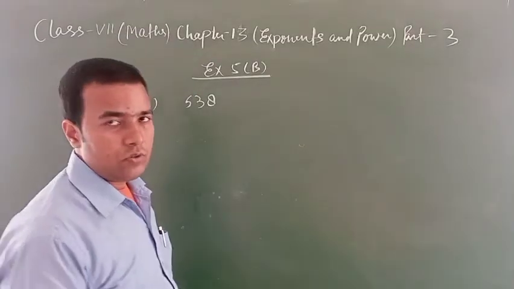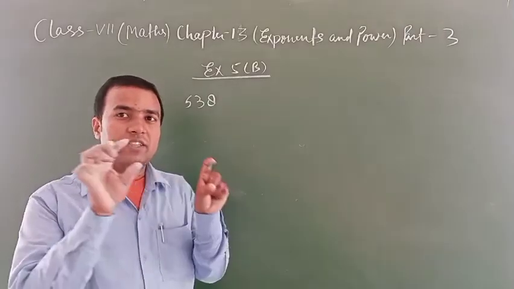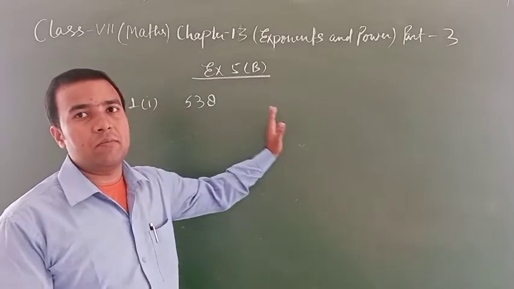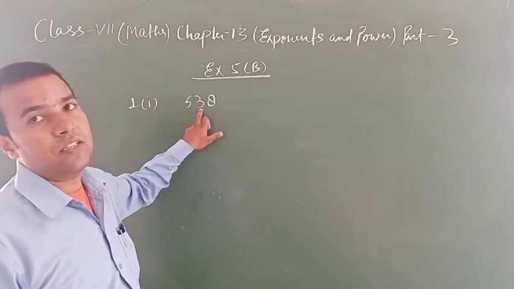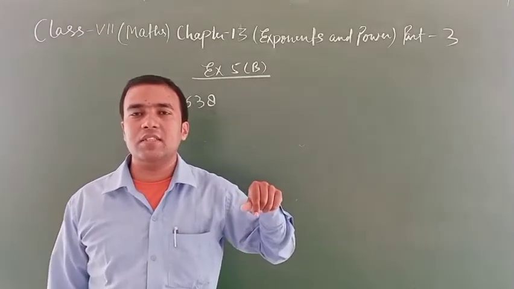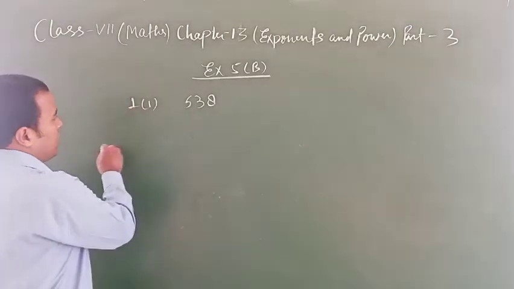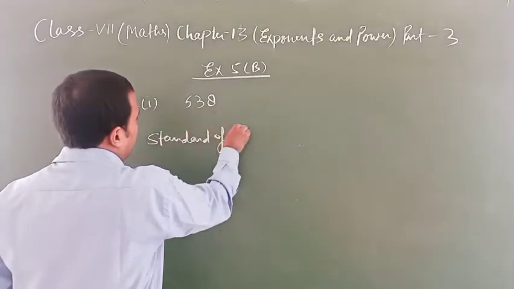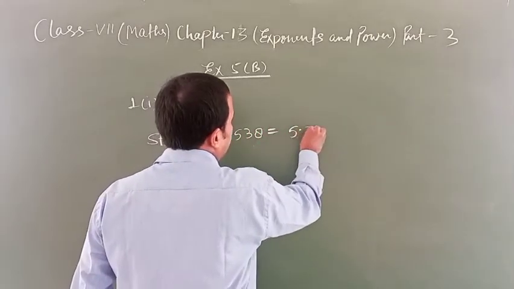Standard form I told you, expanded form also I told you. Expanded or standard is different. Expanded means you open this number: this digit in which place, this digit in which place. But standard form means write in exponential form, means change into exponential form. So standard form of 538 equal to 5.38.